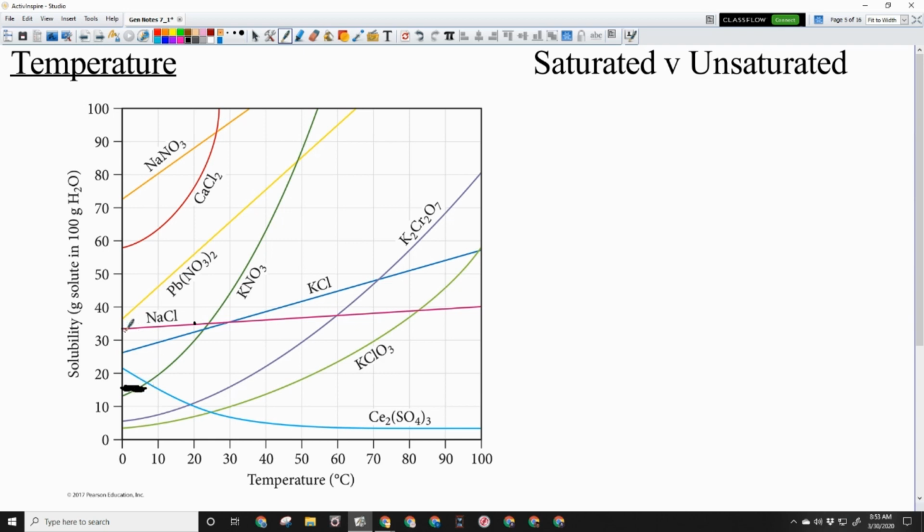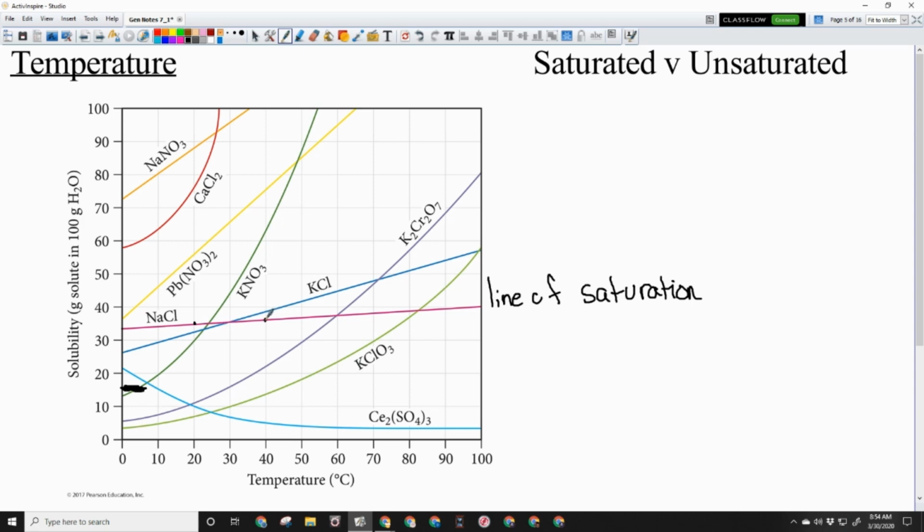So this line is called the line of saturation. So this is the most that the water could dissolve of sodium chloride at that temperature.